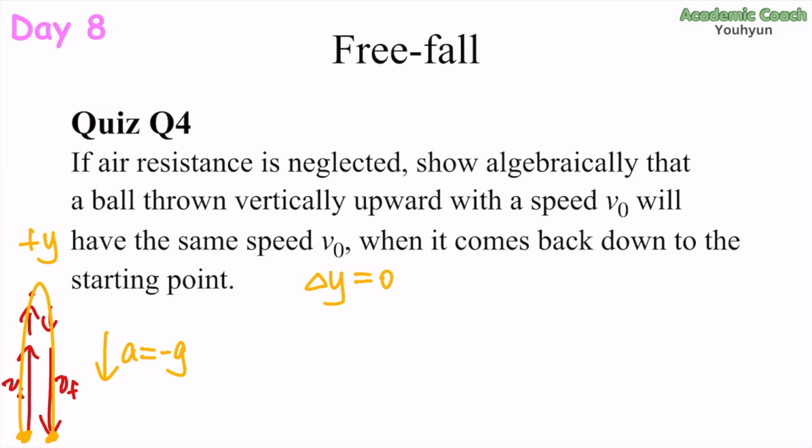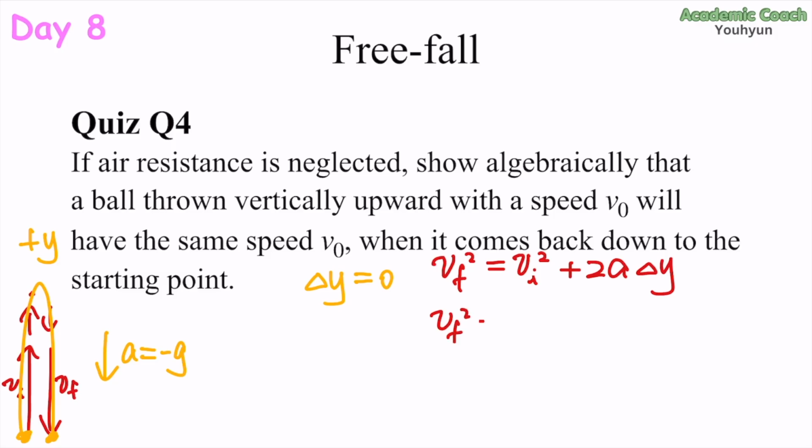So we know acceleration, we know delta y, and we want to know the relationship between v initial and v final. So by applying that kinematics equation table, we have 4 physics quantities, and we can use kinematics equation 3. V final squared is equal to V initial squared plus 2 times acceleration times delta x, or delta y, that displacement.